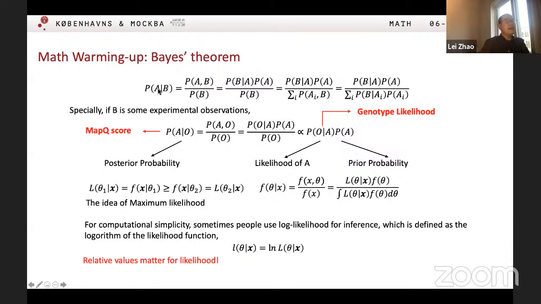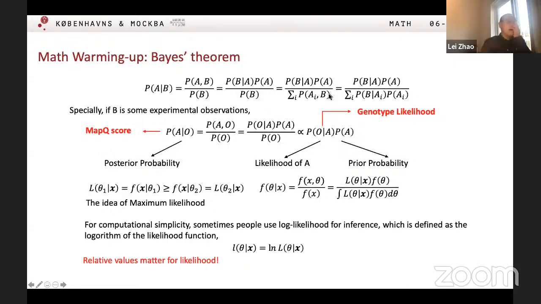Suppose you have two events, one called A, another called B. The probability of A given that B happened is the joint probability of A and B both happening divided by the probability of B. You can switch the positions of events A and B and get the probability of B given A, multiplied by the probability of A, divided by the probability of B. You can do some further tricks and get this.